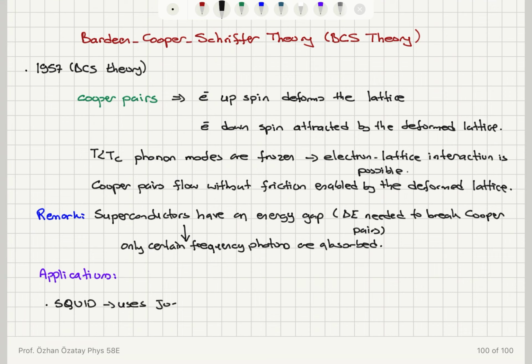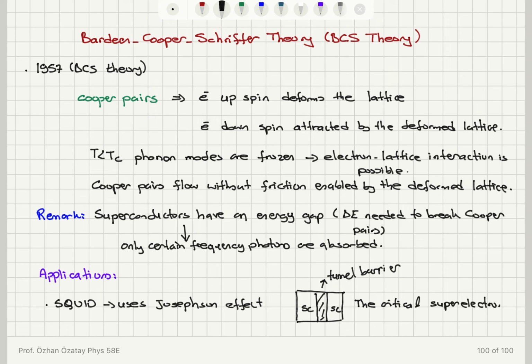This utilizes the Josephson effect, and it's based on the idea that when you have a tunnel junction between two superconductors, this is a tunnel barrier, the critical super electron tunneling current is a very sensitive function of magnetic field.